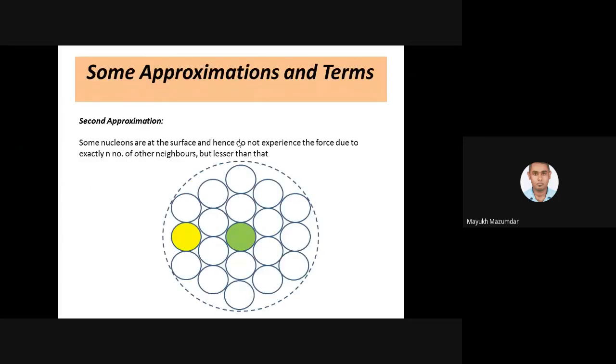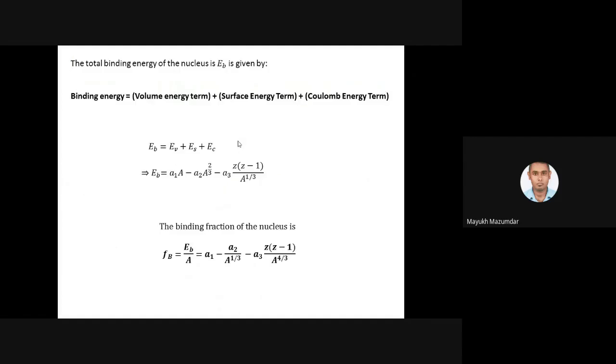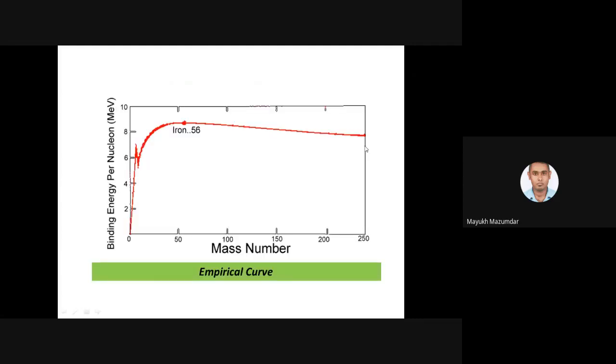Slowly, we went on to derive three terms, and the analogy was very much pertinent and legitimate. From there we found the binding fraction of the nucleus. Then we compared it with the empirical graph from experimental data, and then we used the Desmos graph calculator.